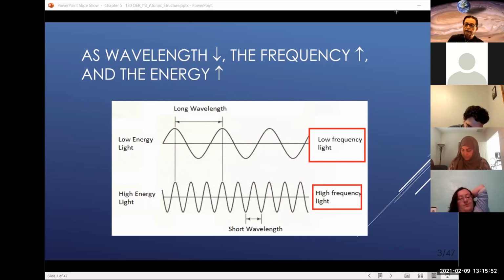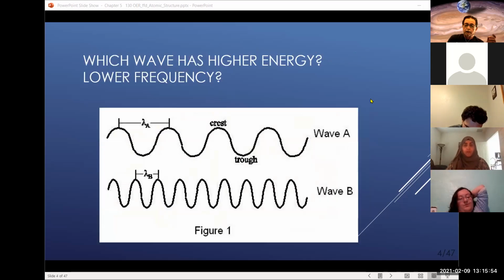Before we continue, we can look at a graph and you might see something like this and then be asked, which one has a higher energy? Which one has lower energy? So by analysis, look at the lambda, the wavelength. You can see that B's wavelength is much smaller than the A example, okay? And so B would have a higher energy, short wavelength, higher energy.